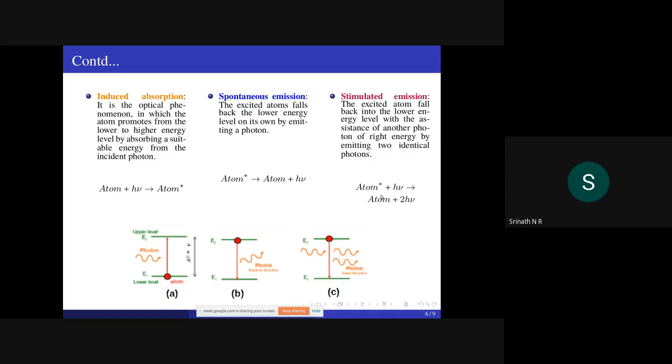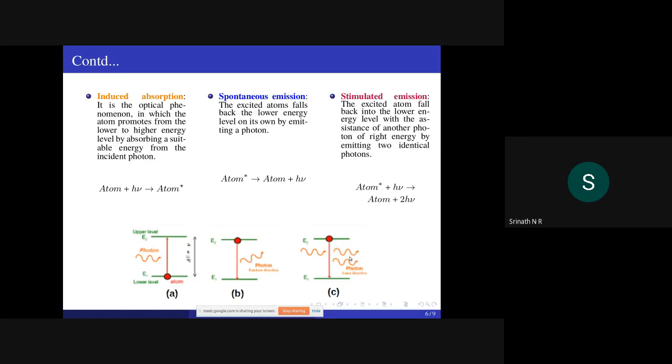Here, the excited atom interacts with another photon, therefore, the atom decays to ground state with the emission of two identical photons. Here, identical photons means the photons will have the same energy, same direction, move with the same speed, and maintain a constant phase difference. Therefore, these two photons are also called coherent photons.